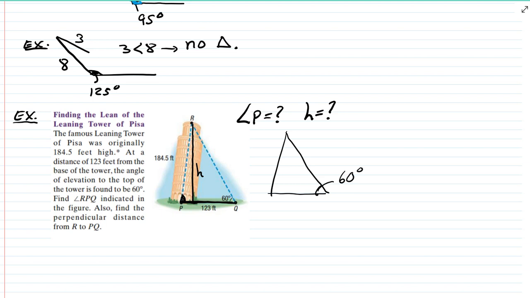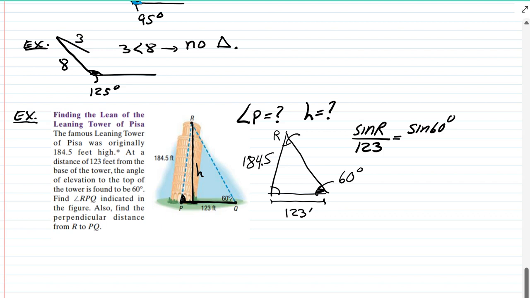This would be 60, right? Given this is 184.5. And we can actually find the measure of this angle. This is R. Remember, we're given the side opposite is 123 feet. Good, that should do it. Sine of R divided by 123 is equal to sine of 60 divided by 184.5.